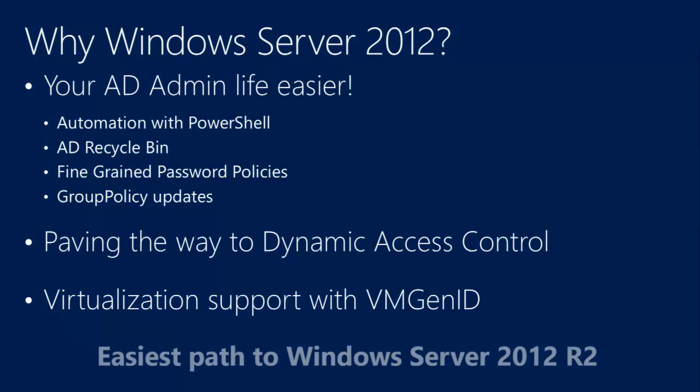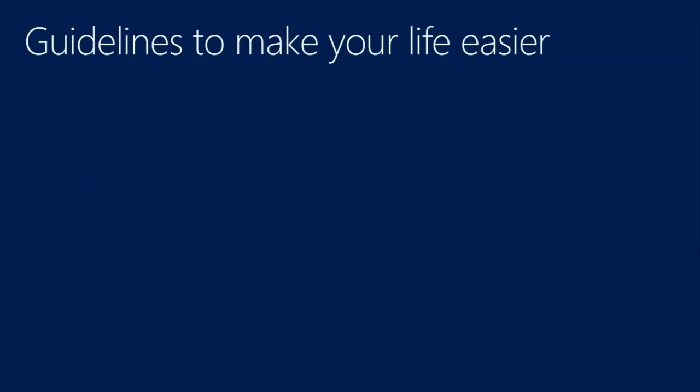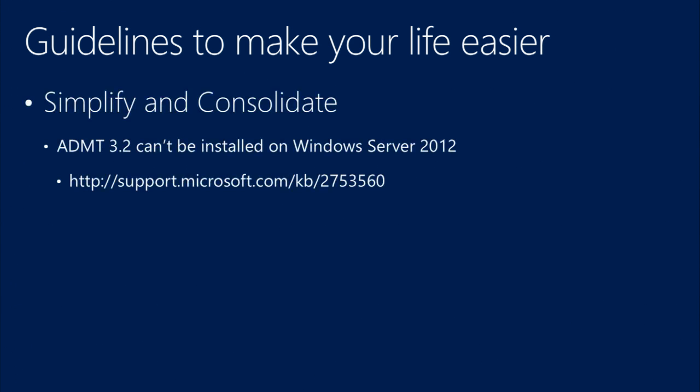So, to get started with this, some guidelines to make your life easier. We had a little bit of discussion down here already before we even got in the session. Clean up and simplify and consolidate beforehand. Get your house in order. The first session we talked about some different tools you can use to do some inventory of what's going on. You really do have to go and dig out that red book that lists off why your Active Directory was designed that way.